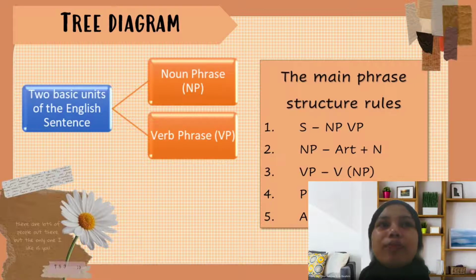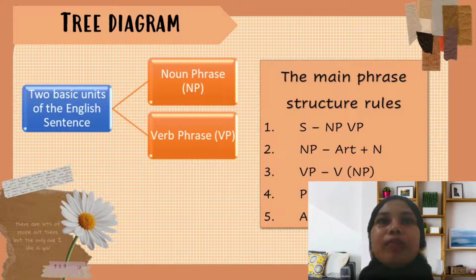Third, we have VP, which is verb phrase containing NP. NP is noun phrase. And the fourth one is PP, which is prepositional phrase containing P and NP, preposition and also noun phrase. And the last one we have AP, which is the adjective phrase, and the rule is prepositional phrase, which is PP.